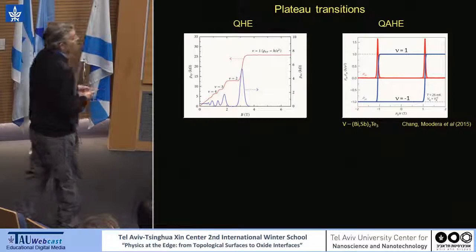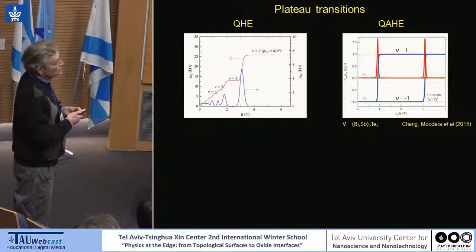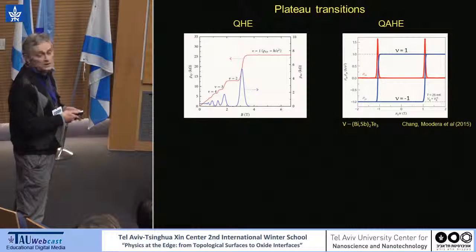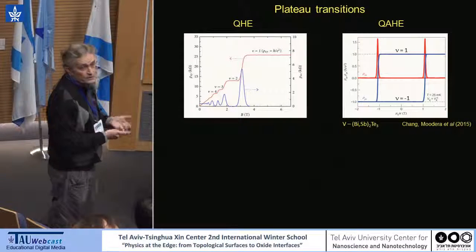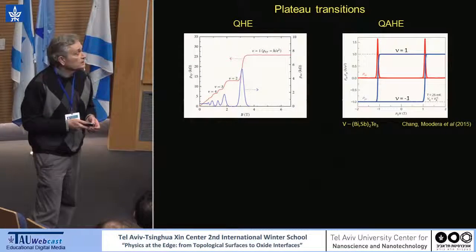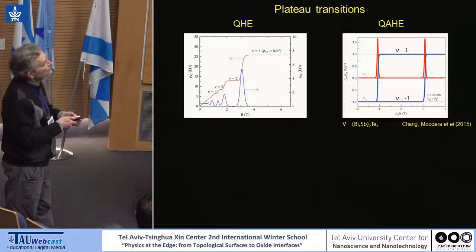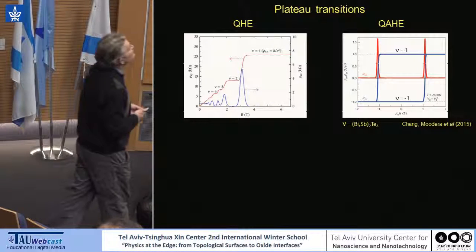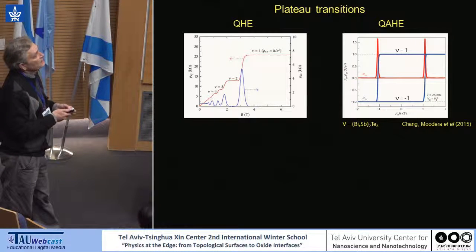The second important difference is that the quantum Hall is an equilibrium state. It's a thermodynamic state. This is a metastable state. This hysteresis arises from the metastability of the ferromagnetic state. And even the fact that we have a quantum anomalous Hall at zero magnetic field, which is the main interesting part here, arises from the fact that it is metastable.